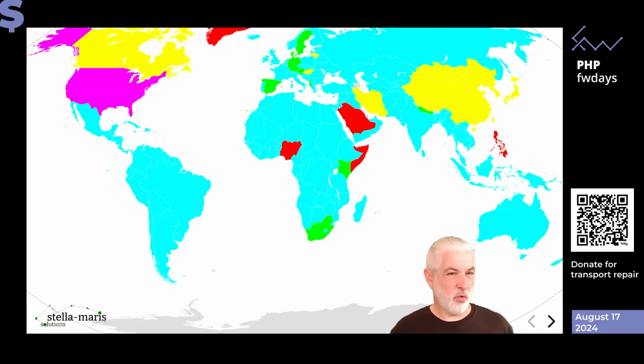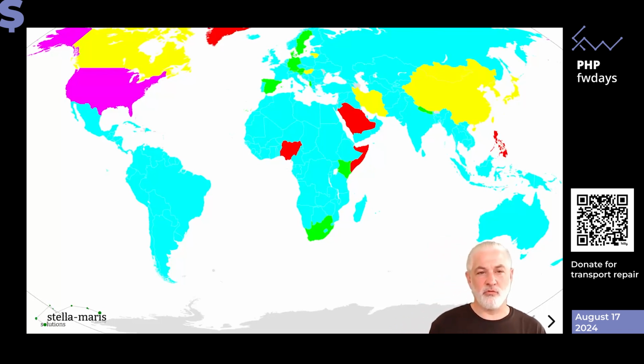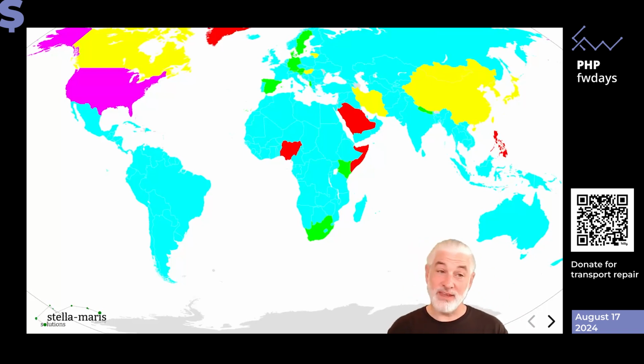I think the yellow ones use year, month, day. So still kind of a sensible thing. I think in the red ones, you can use either of those, but definitely the US. And I think two small things that are so small that you don't see them here on this map use this month, day, year abomination.